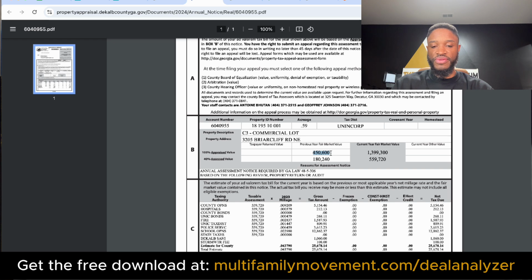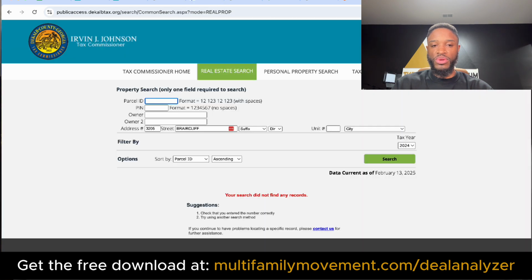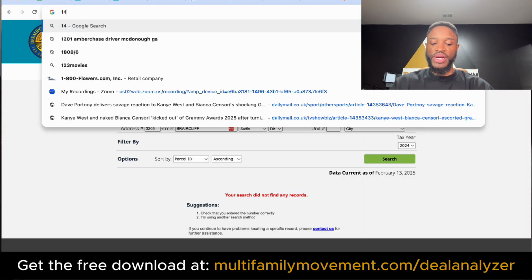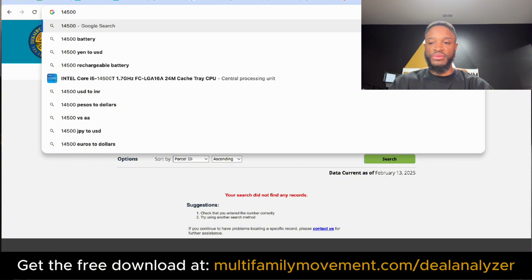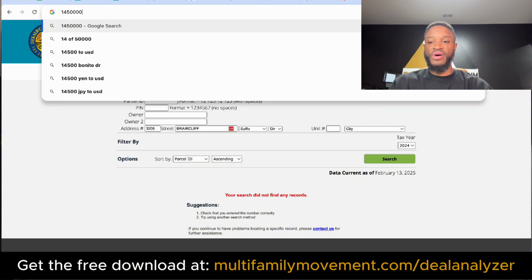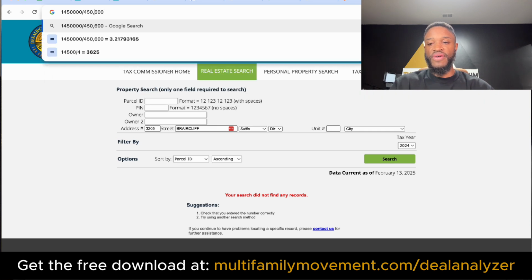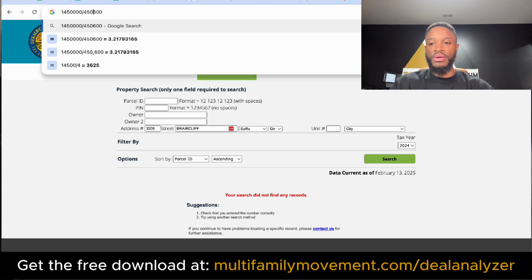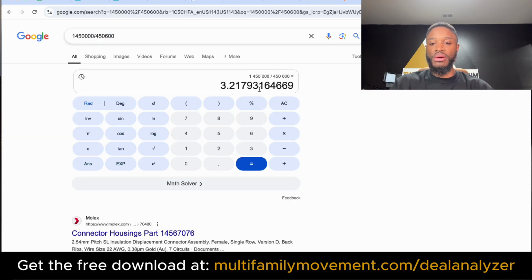So we can assume we take this 450,000, right? We take our price of 1,450,000, and we divide it by the last assessed value. We see that that's about 3.2 times greater, okay? The last assessed value, right?